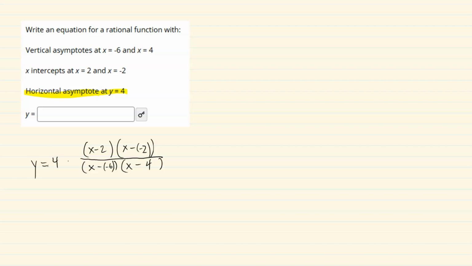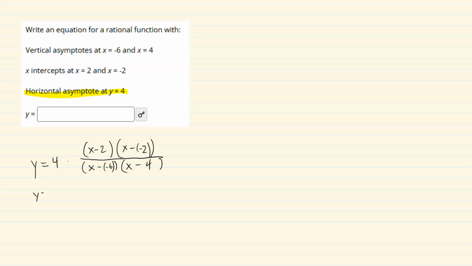And now, as I was mentioning before, it may not be too obvious where I was discussing how we would set the denominator equal to 0 and then solve for the vertical asymptotes. And then for the numerator, we set equal to 0 and we solve for the x-intercepts. I just want to show that really quickly in just a moment.